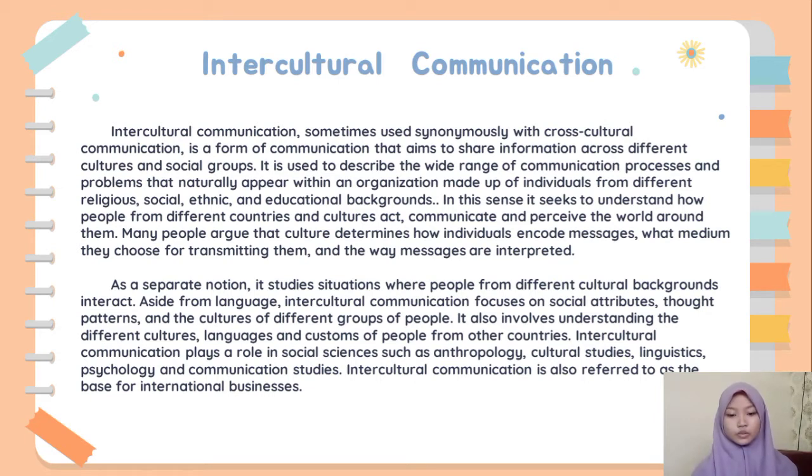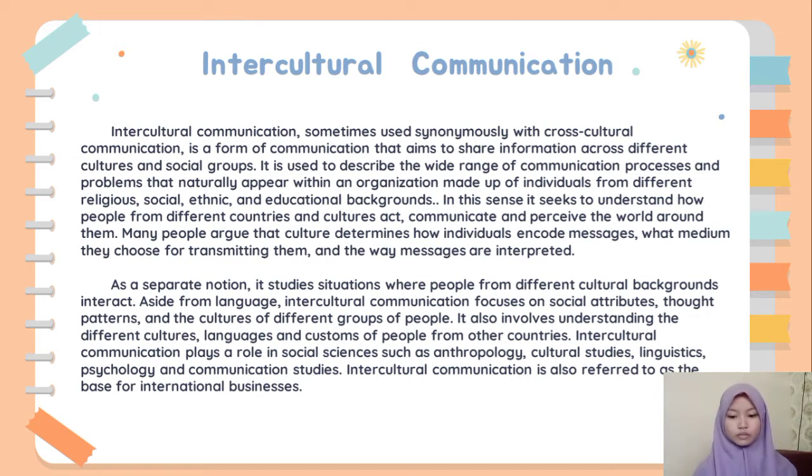Aside from language, intercultural communication focuses on social attributes, thought patterns, and the cultures of different groups of people. It also involves understanding the different cultures, languages, and customs of people from other countries.